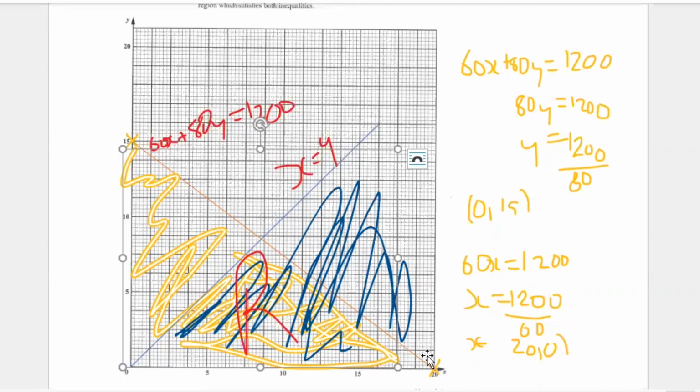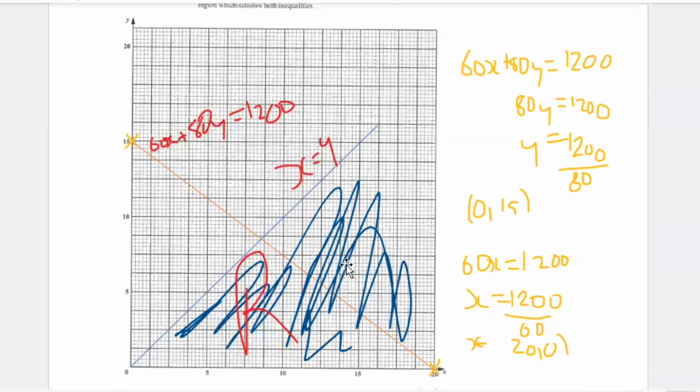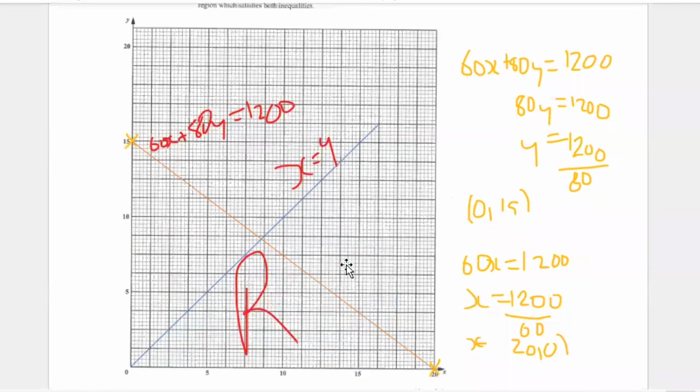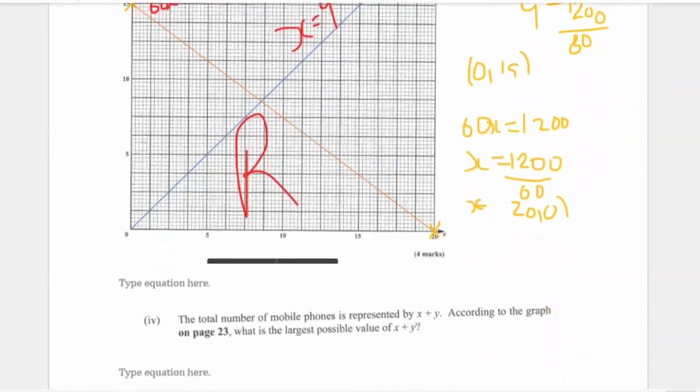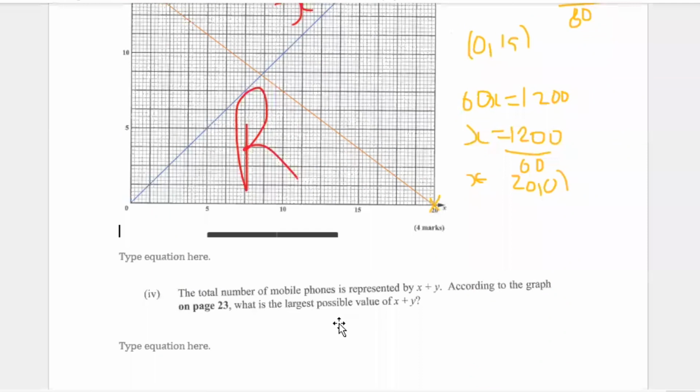And you'll now see what makes those values important, because now for part 4, where they asked us to tell what is the largest possible value of x plus y, what you're using to determine that are the vertices on the area which satisfy both inequalities.